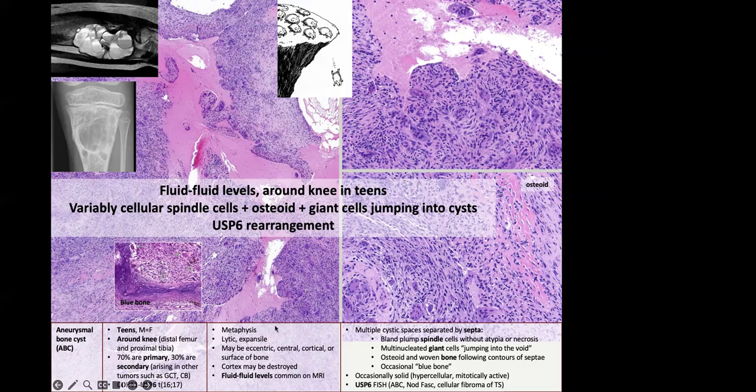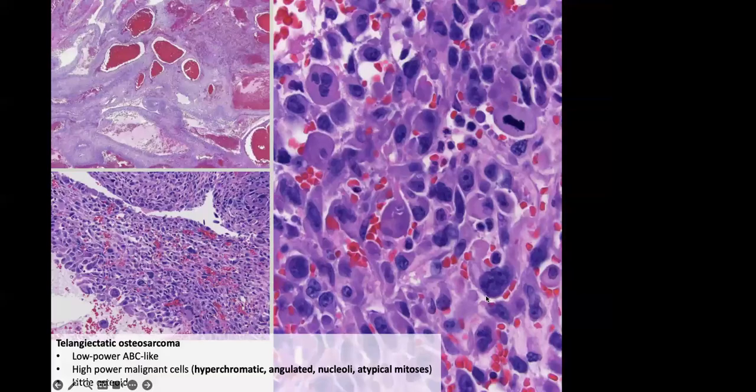Again in teens, and in the walls of the cyst, you have a spindle cell proliferation, occasionally with pinkish osteoid, sometimes with so-called blue bone that you can see here on the inset. Giant cells jumping off into the void, like lemmings, and USP6 gene rearrangement can be probative if you need it, if the morphology is not clear.